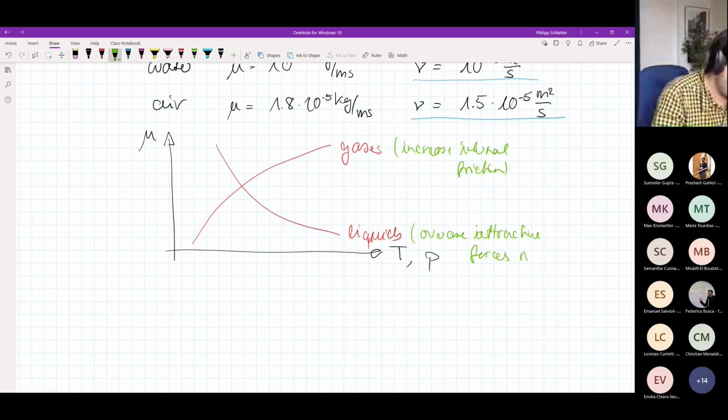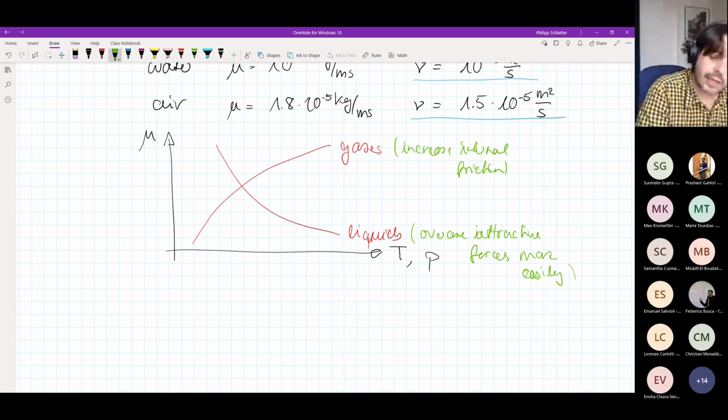So the important thing here is to realize that gases and liquids behave differently when it comes to a change of temperature.